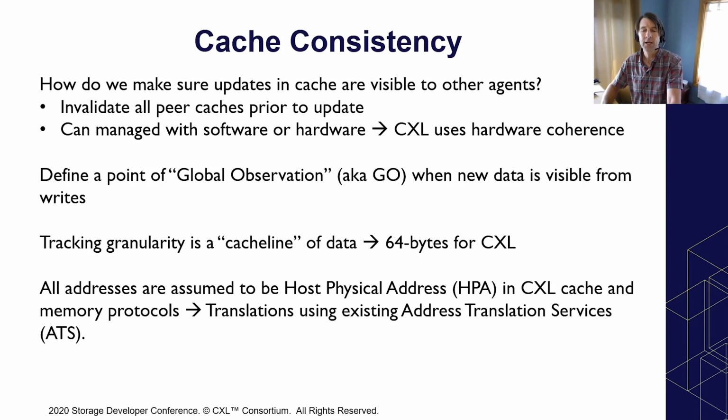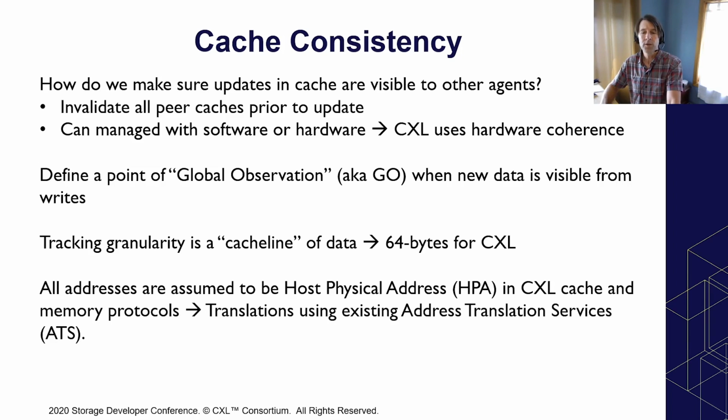So we make sure all the caches are empty of that line. We update the line and make sure that line is then at a point where it can be visible to all other caches. This can be managed either through software or hardware. CXL assumes a hardware coherence mechanism.